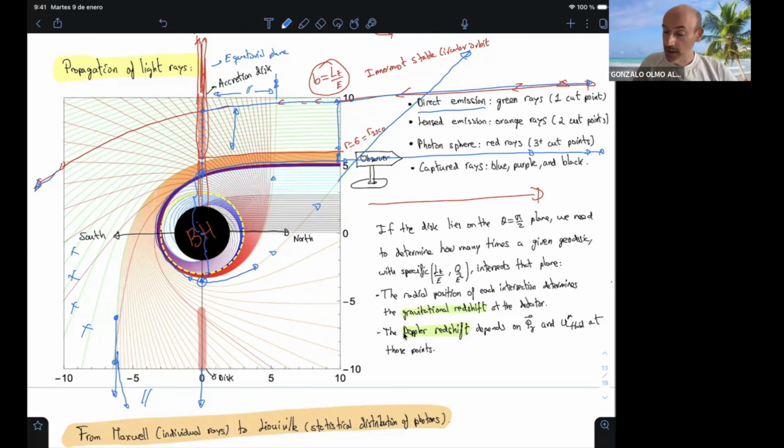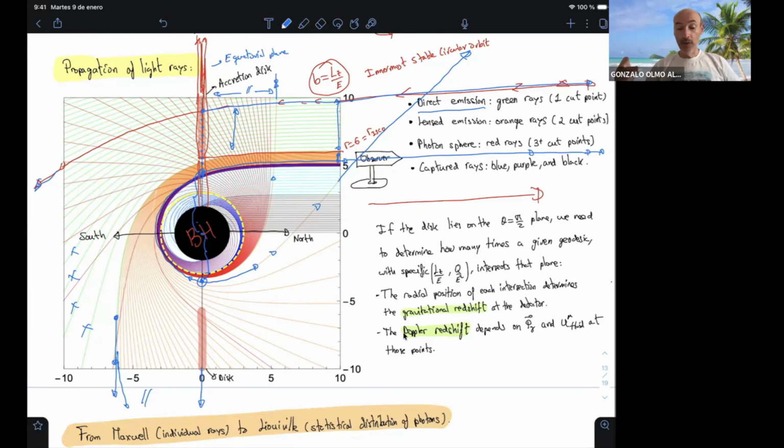So when we compute or add the intensities of these 2 photons on the detector plate, we need to take into account that they intersect the equatorial plane in different locations, and therefore they contribute with different intensities, because the redshift that applies to each photon is different, okay?